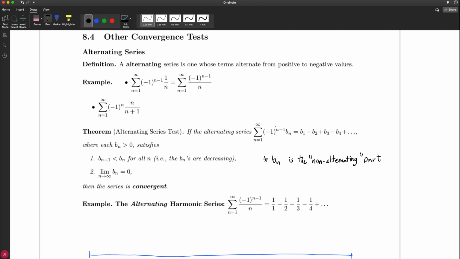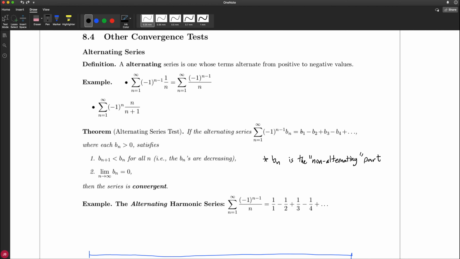It says, okay, if you have an alternating series, since here we're starting with n equals 1, this power here is n minus 1. So technically you get a minus 1 to the 0, which is just 1. That's why it starts with positive b1. This could, like we see in this example here, start with a negative value.